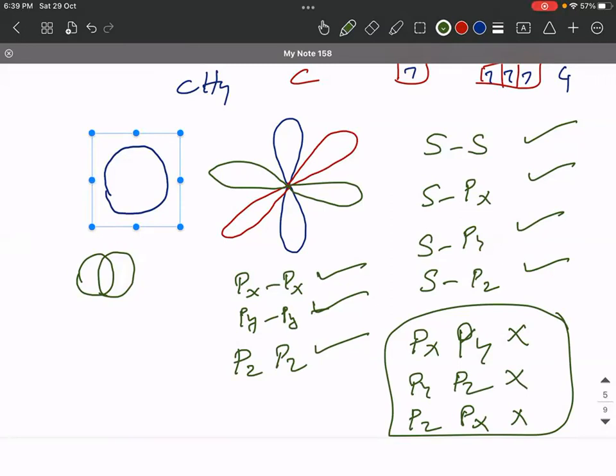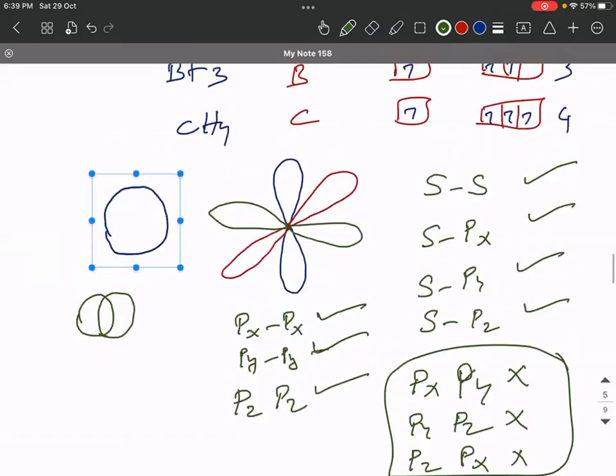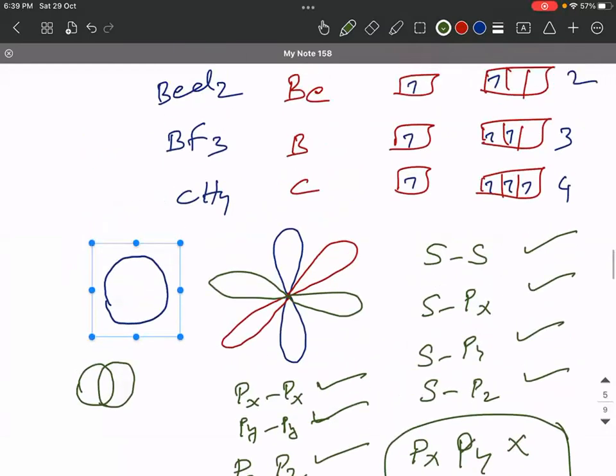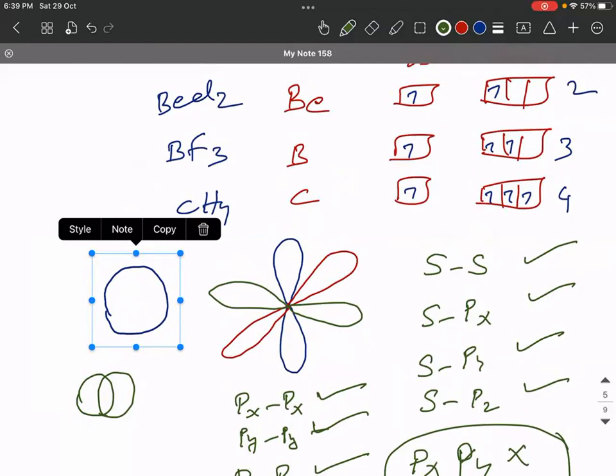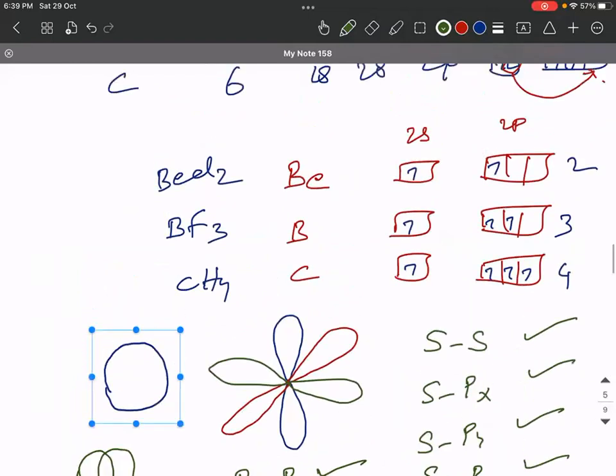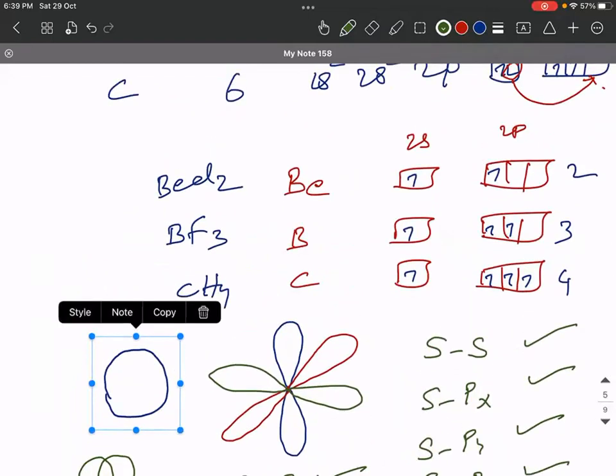Now you tell me, when the s orbital overlaps with an s orbital, it will give a spherical shape. When the p orbital overlaps with a p orbital, it will give a double shape. And s and p will give other shapes. For example, take beryllium with 1 2s orbital, 1 2p orbital, and the chlorine atom. Chlorine means 1s2, 2s2, 2p6, 3s2, 3p5.